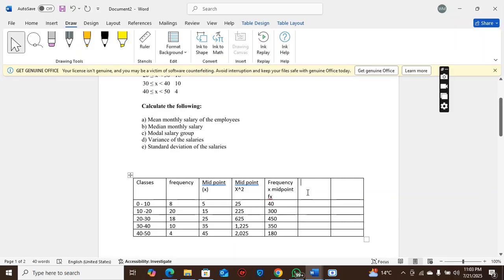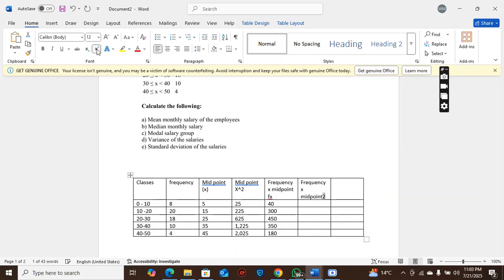Yes. Frequency times midpoint squared. So 8 times 25.